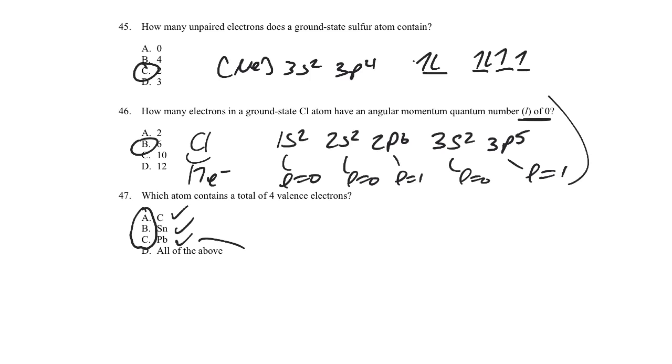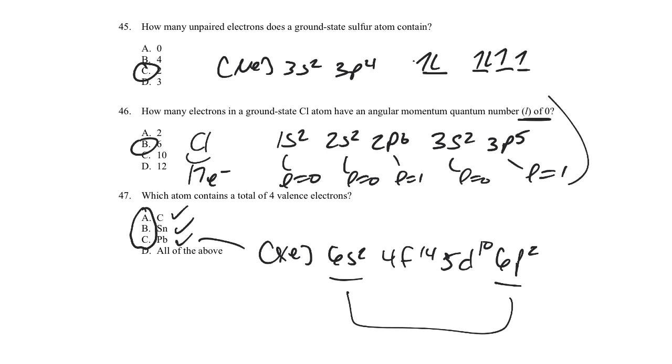So lead's configuration would be a krypton. Let me actually, I don't have the periodic table handy. Let me quickly look at this to make sure. So lead would be actually a xenon, followed by a 6s2, 4f14, a 5d10, and a 6p2.